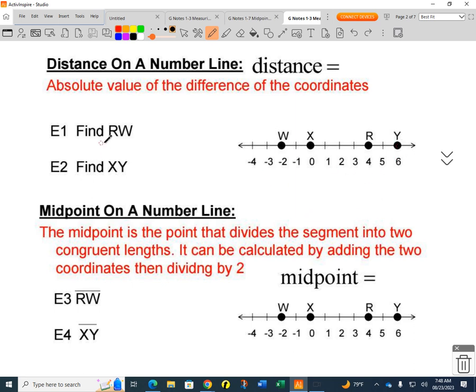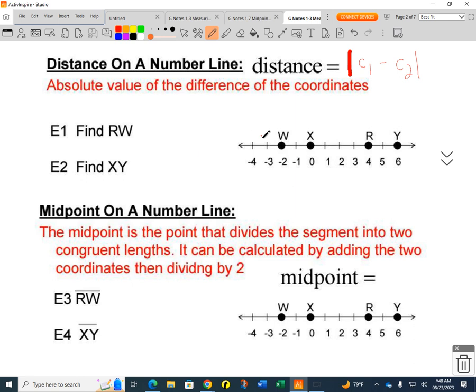It's 6. But if we want to find the distance between point R and W, that's the same as finding the length of a segment between point R and point W. Does that make sense to Jerry? Okay. So we can use the formula and the absolute value. Absolute value, I'm just going to call it coordinate 1 minus coordinate 2, right?